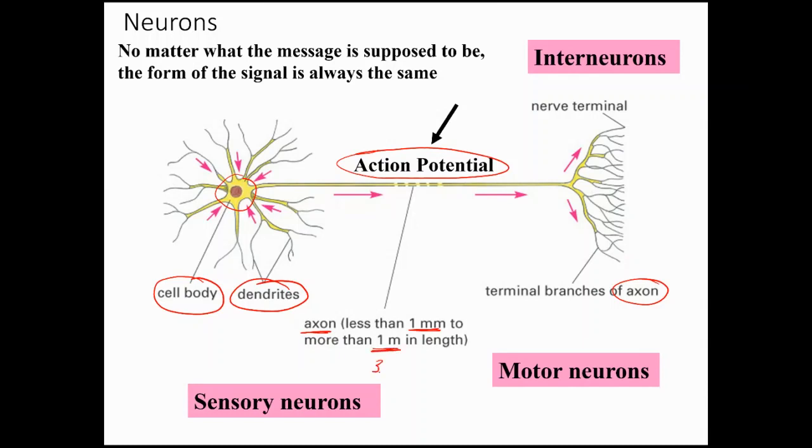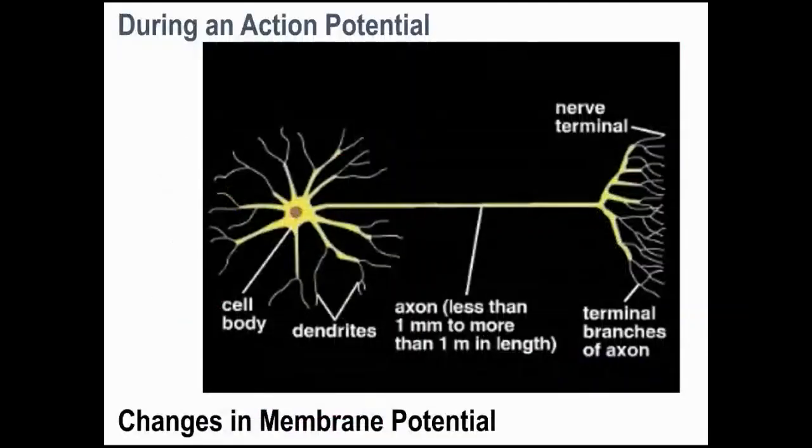That's 3 feet. So one cell can have an axon that is more than 1 meter in length, particularly with some of our motor neurons. No matter what the message is supposed to be, the form of the signal is always the same.